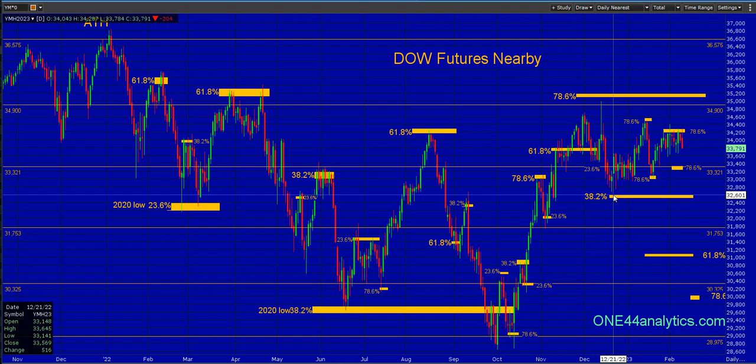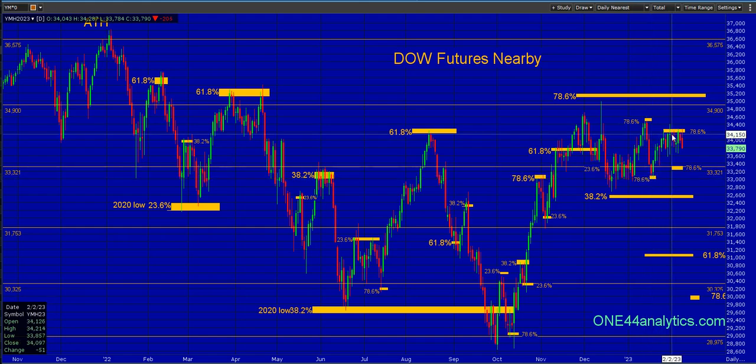So now the market went 78.6, and we know that from 78.6 we're looking for 78.6 the other way as the initial target. It also can be the end of this whole move, but that's why we watch all the retracements. Here's 78.6%, right back down to it to complete the first phase of the target.